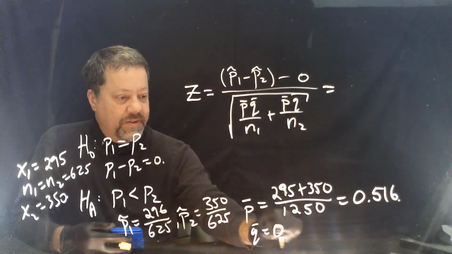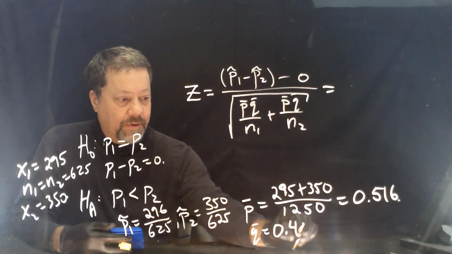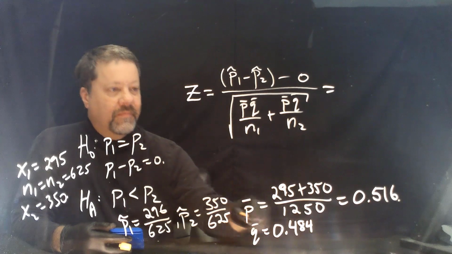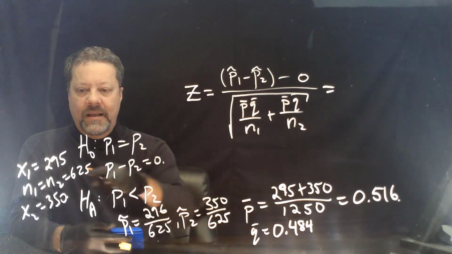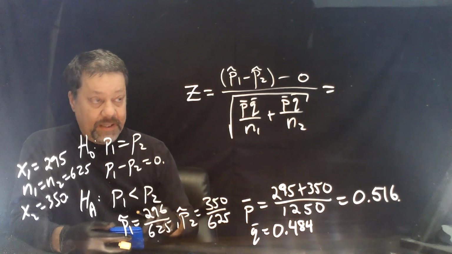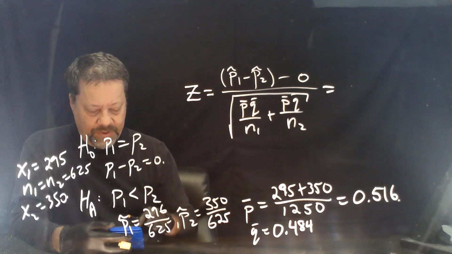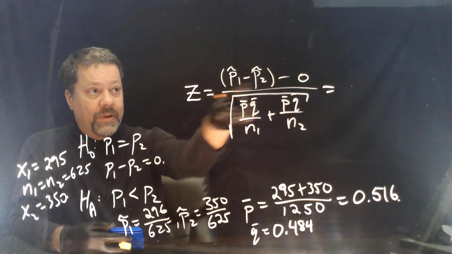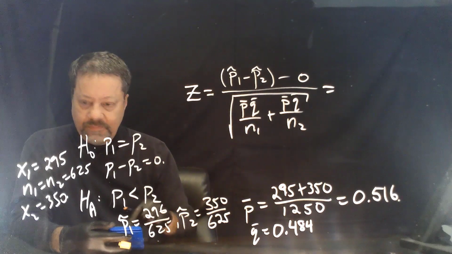Here we get 0.484. The test statistic, crunching the numbers, make sure you put parentheses around the top here.